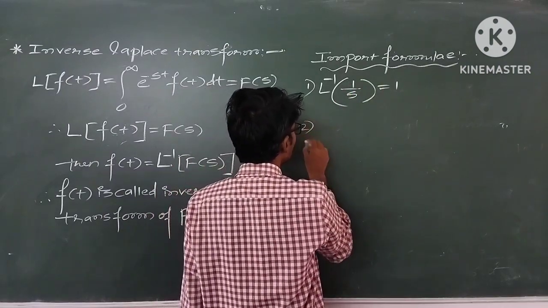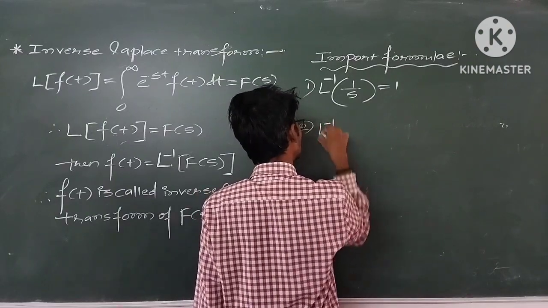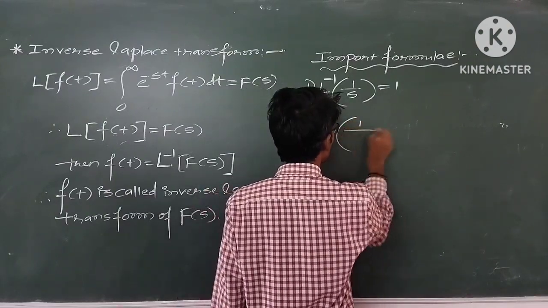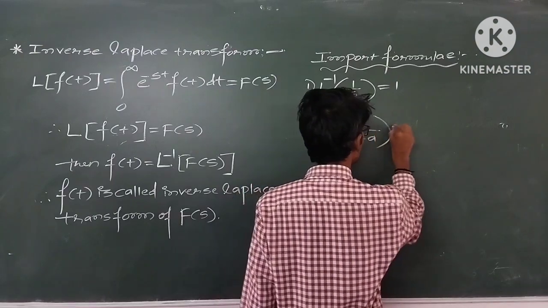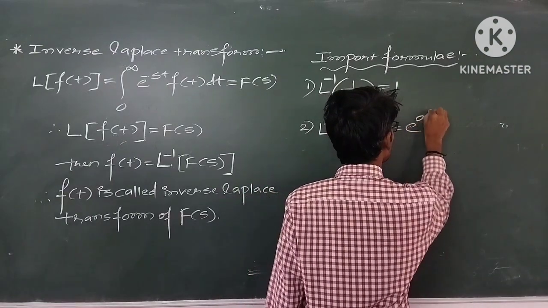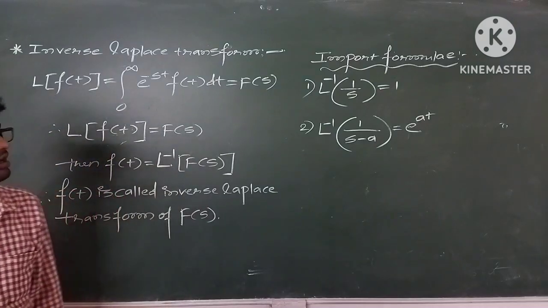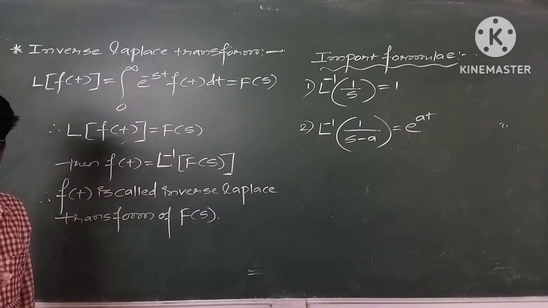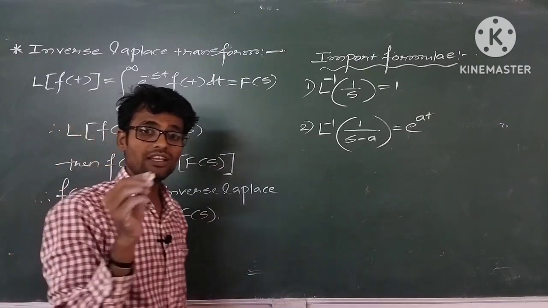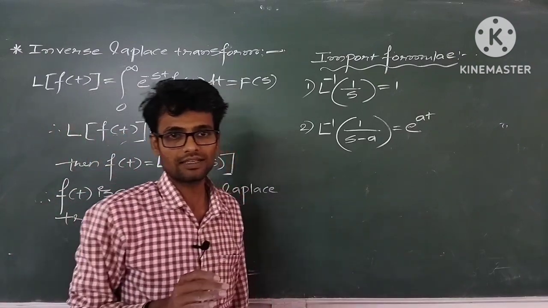Second one, inverse Laplace transform of 1 divided by s minus a is equal to e raised to at. You already studied Laplace transform of e raised to at is equal to 1 divided by s minus a.